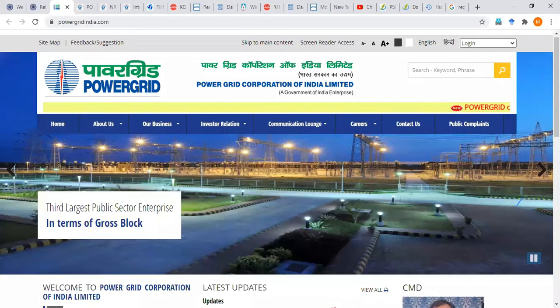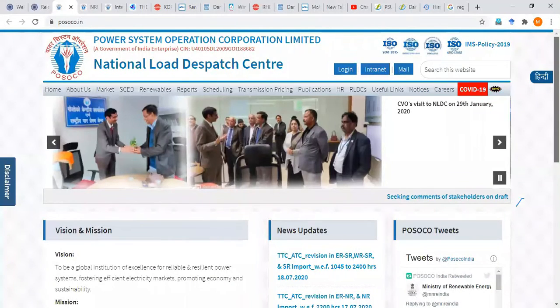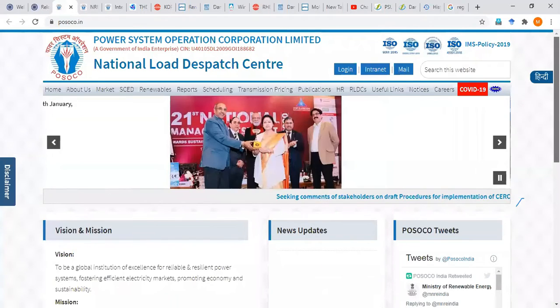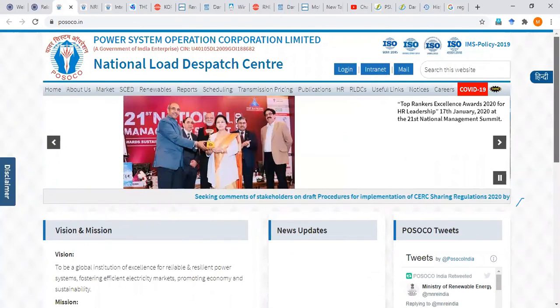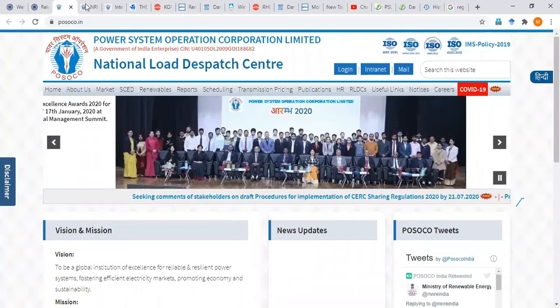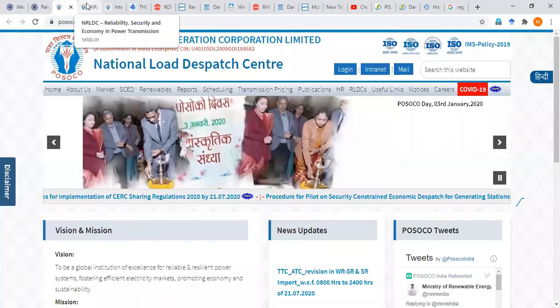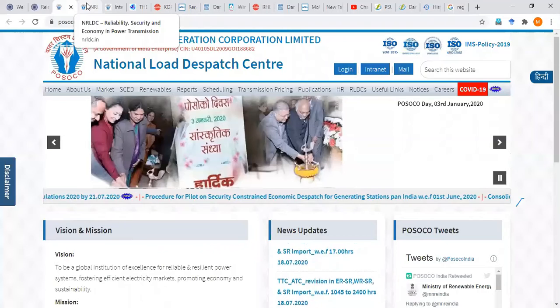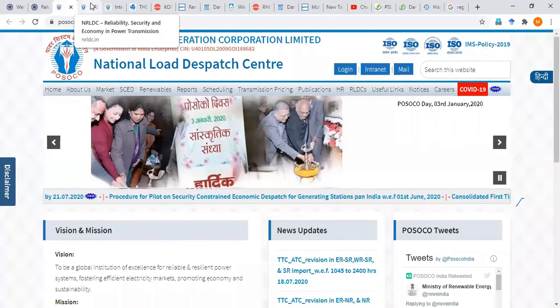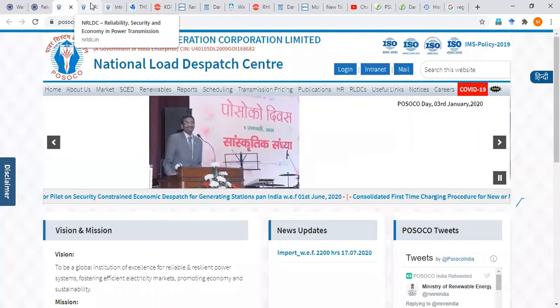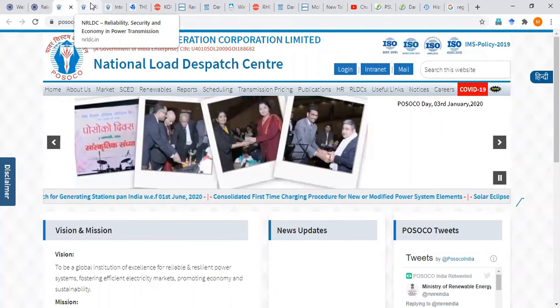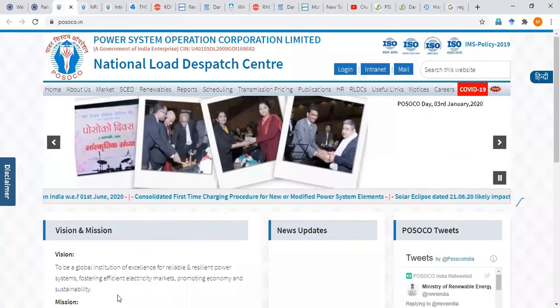About the National Load Dispatch Center. This is a sort of coordination amongst different generating stations as well as different loads in India. Just for your information, in Maharashtra, we have the Western Regional Load Dispatch Center in Kalwa, Navi Mumbai. From that particular load dispatch center, the load and the power generation are managed.